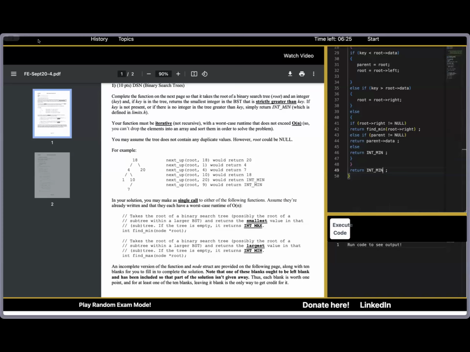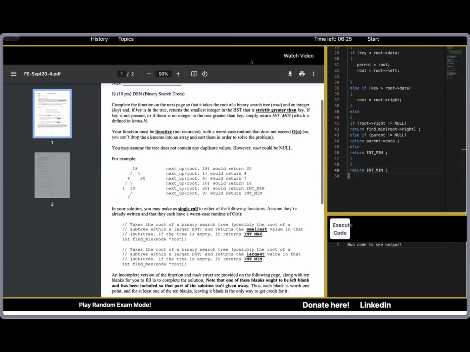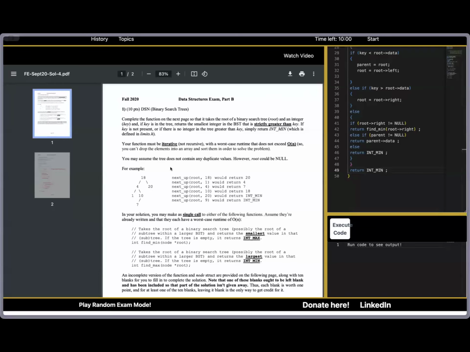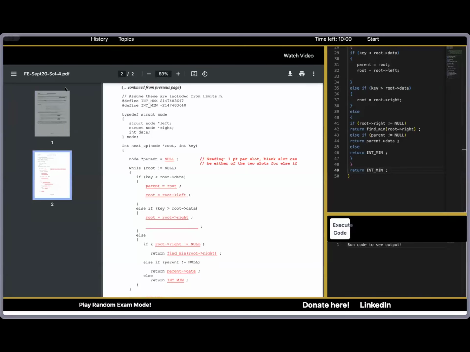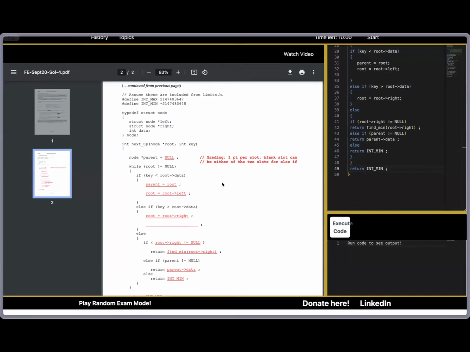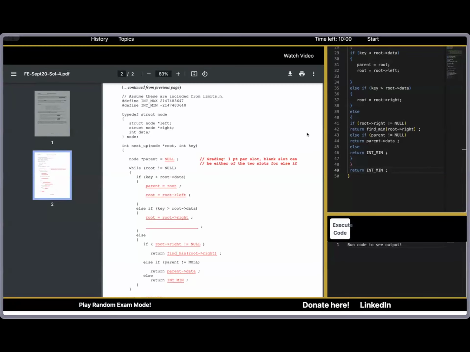All right. This question's a little bit weird because it's fill in the blank and we don't really have our own implementation for this. You just need to go off of what they give. But I'll go ahead and show you guys. Can you guys see it?